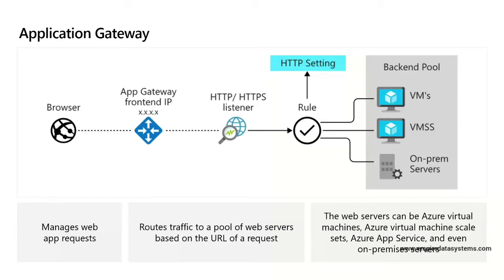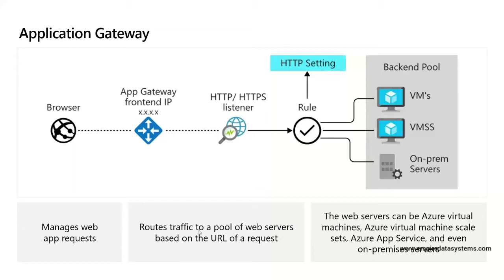So if you have a browser and it has some front end IP address or application gateway in place, you have to configure the listener and the rules, and you need to add the backend pool here. The backend pool could be your virtual machine in Azure, or it could be your on-prem servers or machines.